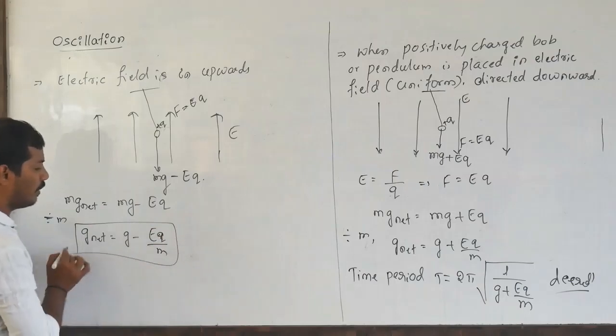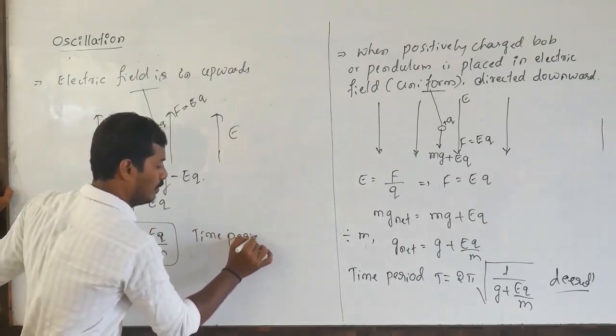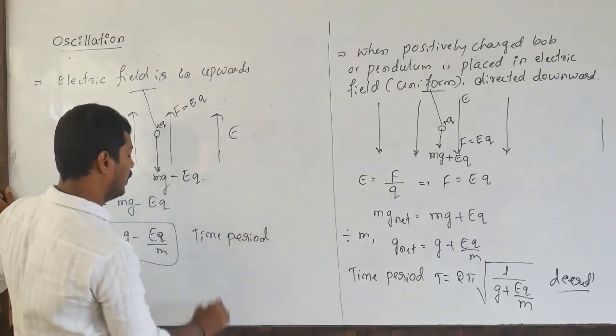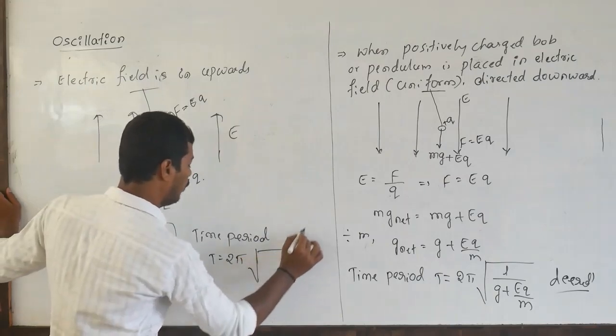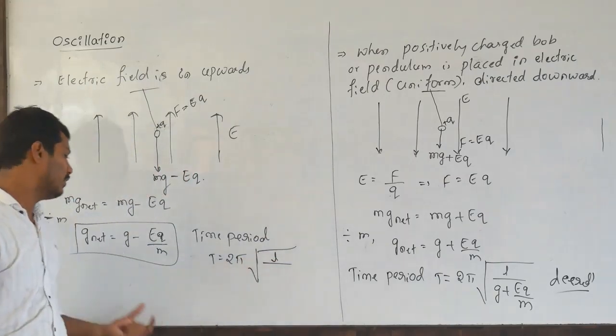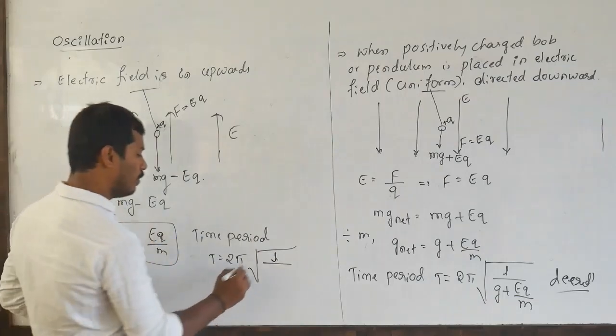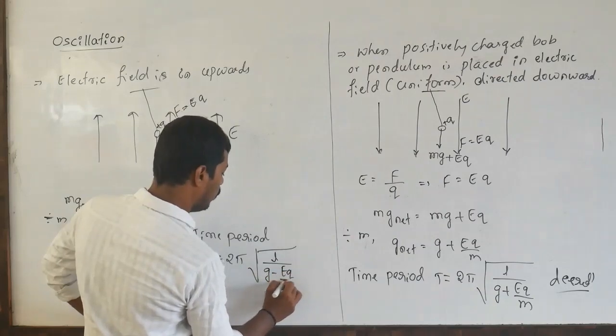If it is g net, then what about the time period? The time period T is equal to 2 pi root of L divided by g net. The g net is g minus E into Q divided by m.